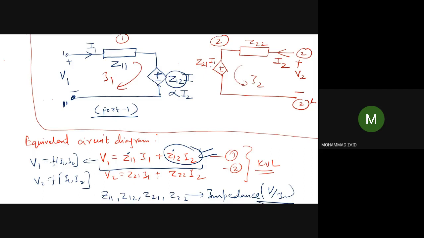But the dependent voltage source of this circuit is depending upon I1, as seen by this equation, and the voltage source of this circuit is depending on Z12 I2. So this is Z12 I2 and this is Z21 I1. In a way, both are connected. If you have to solve this circuit, then you have to solve both the equations, that means you have to solve the circuit from both port 1 and port 2. This way we can model our circuits.